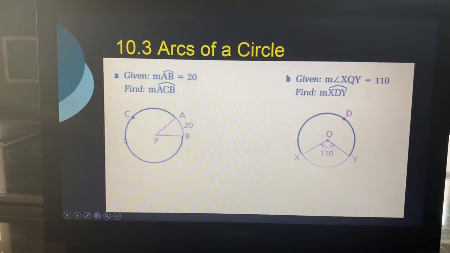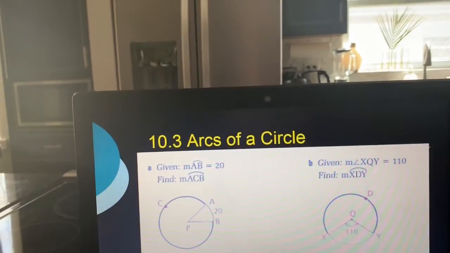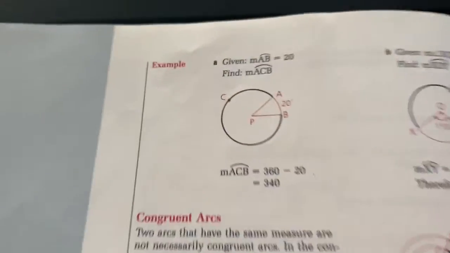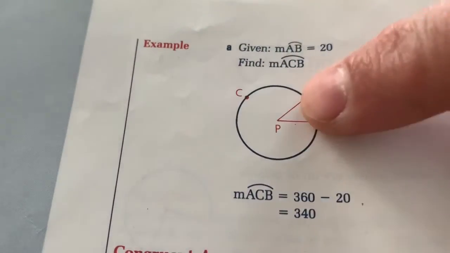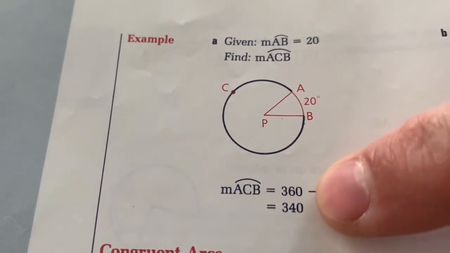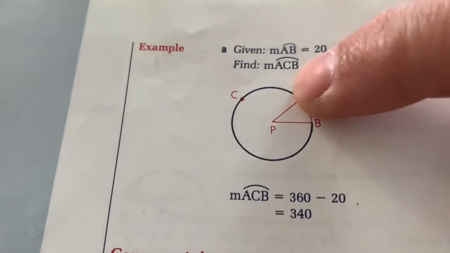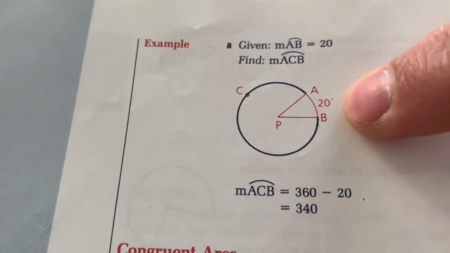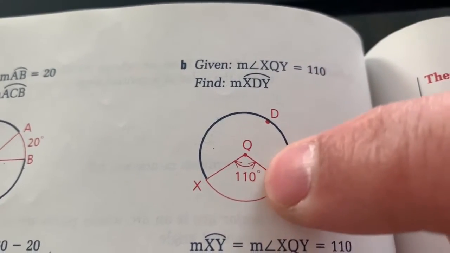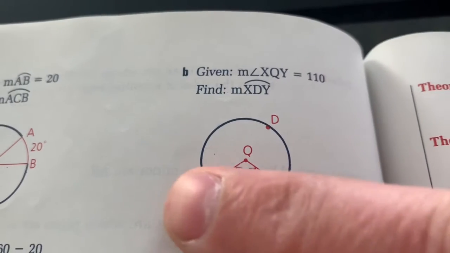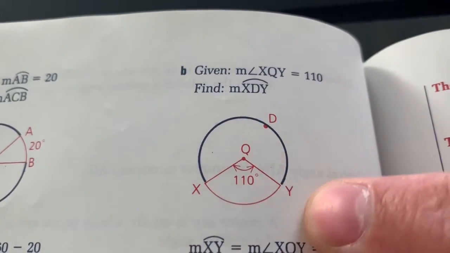Yes, we can. To find this major arc, we just need to subtract 20 from the total 360 in a circle. And then we get the leftovers, this black arc. It's 340. Well, how about this one? If you know that the measure of this angle here is 110, that means that this arc here is 110.